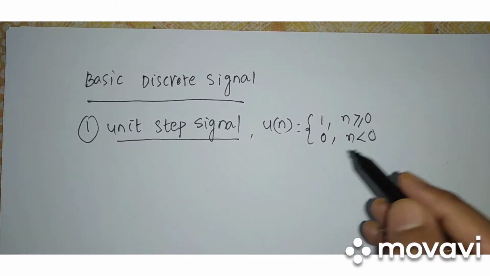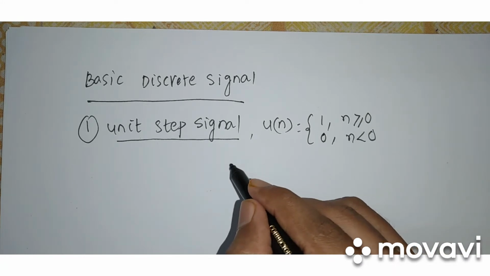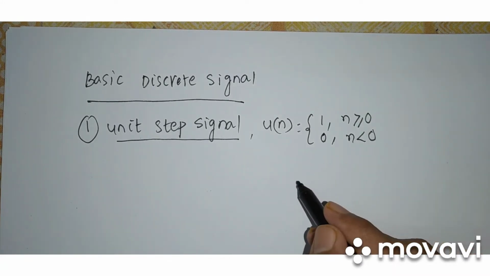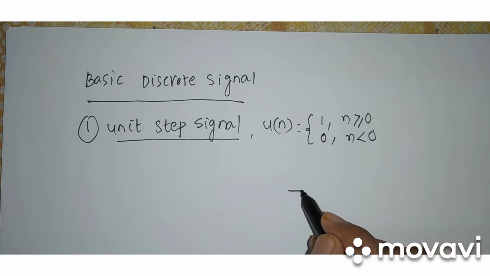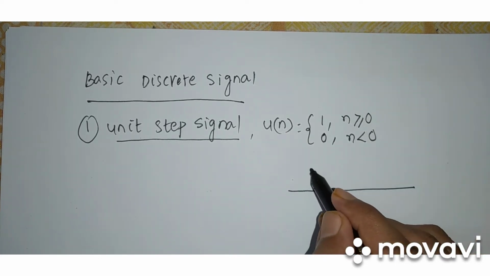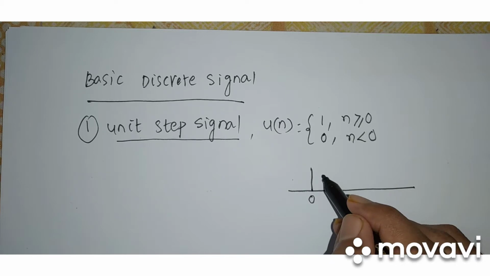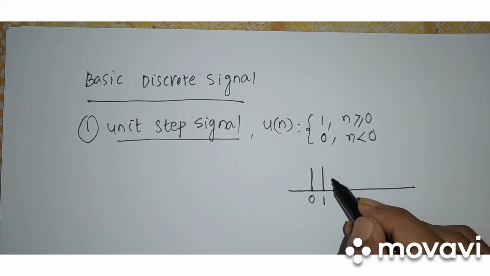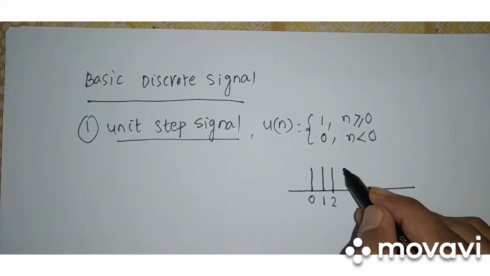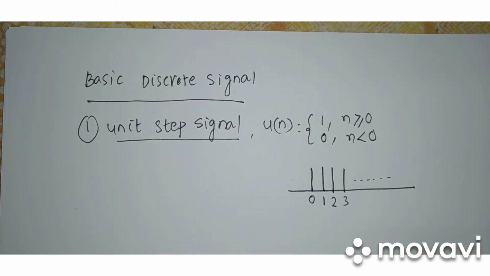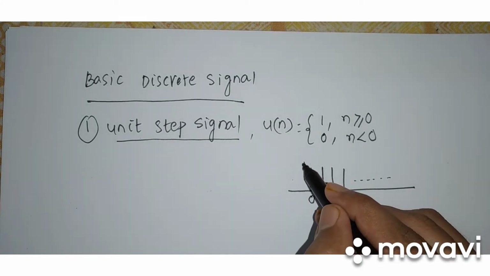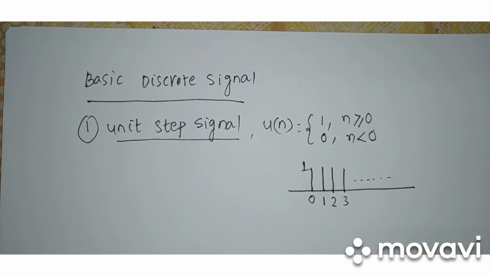Okay, means like this. If you want to represent graphically, it is easy to represent graphically. 0, 1, 2, 3 will go up to infinity. And what is this value? It is a 1. Clear?